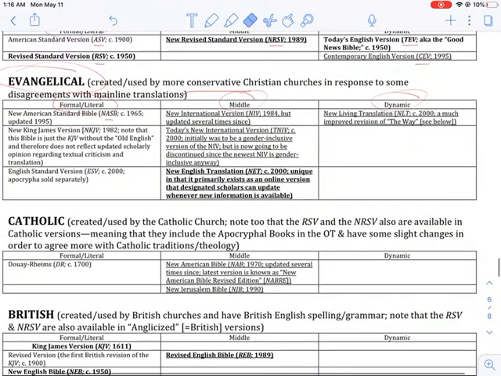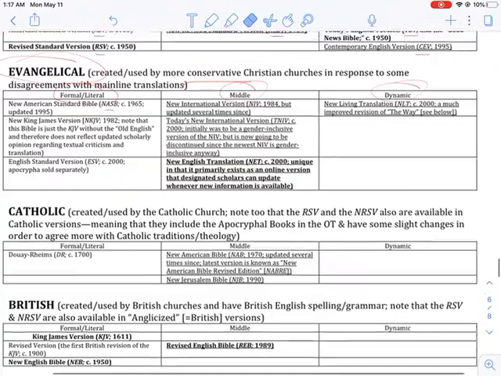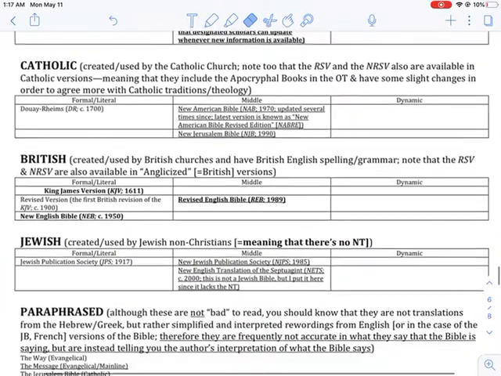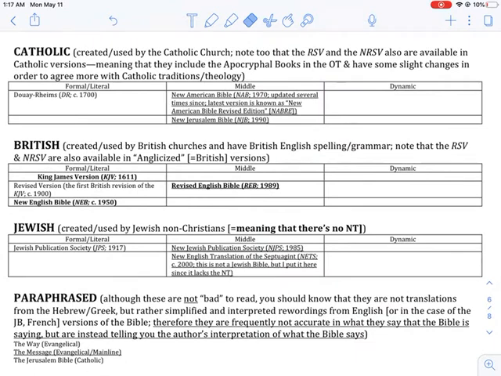And again, versions in bold have the Apocrypha. Notice there's only one here, perhaps because of the conservative views, and versions underlined have the gender-inclusive language. There are also Catholic Bibles, and again, there are formal, literal, and there are middle.